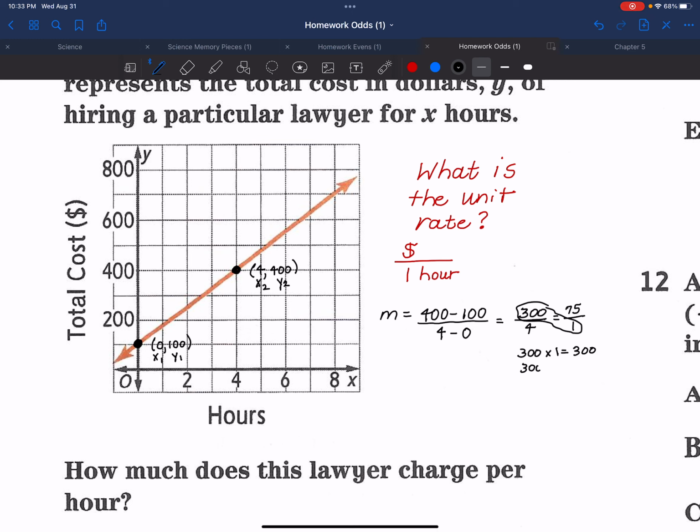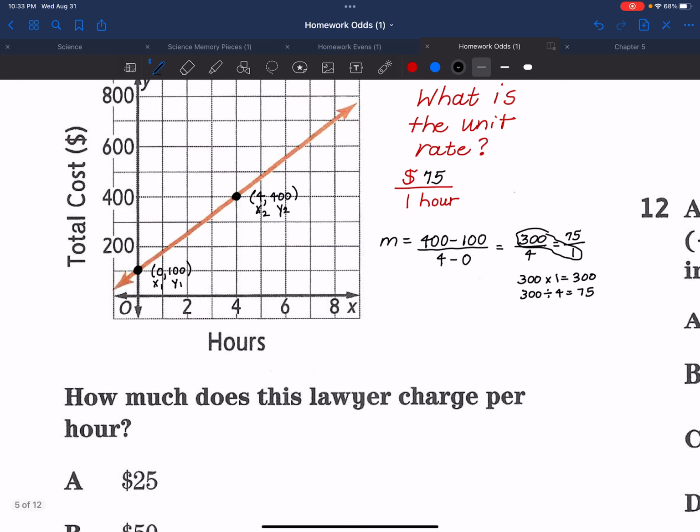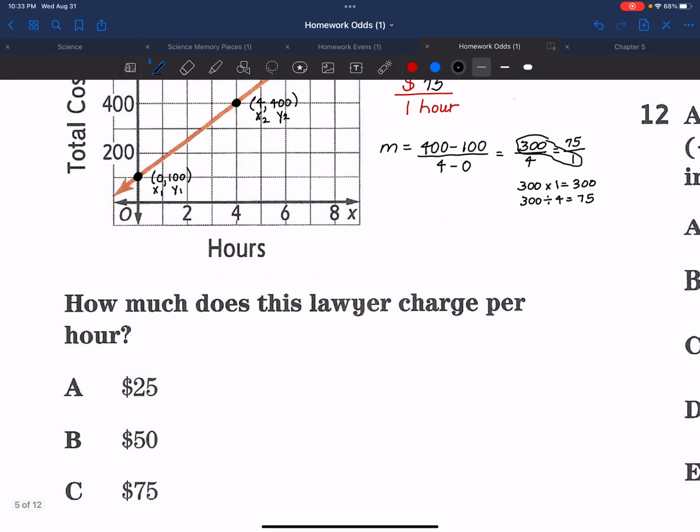And then 300 divided by 4 is 75. So the slope is 75. That's also the unit rate of $75 per hour. And that is option C.